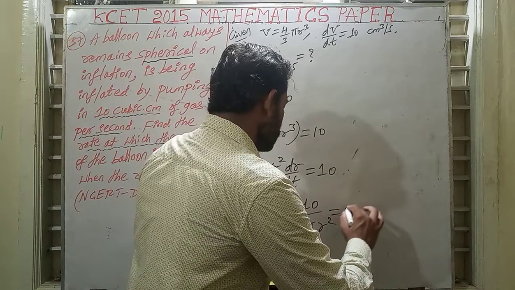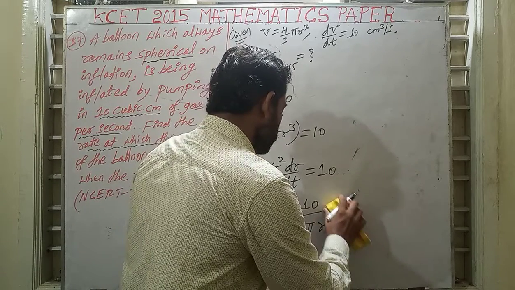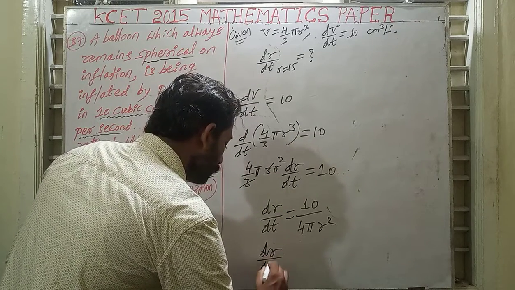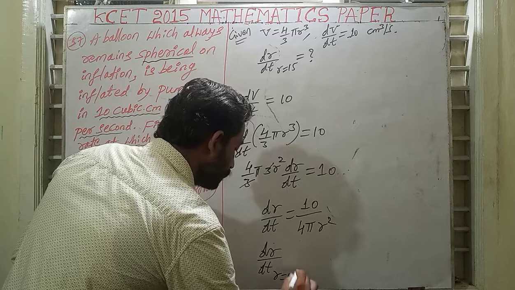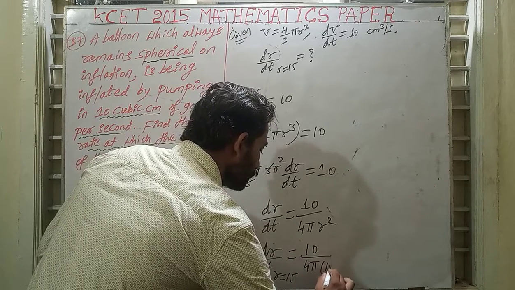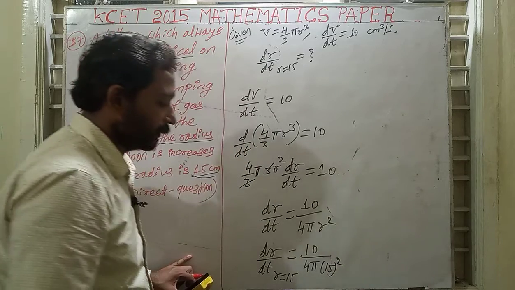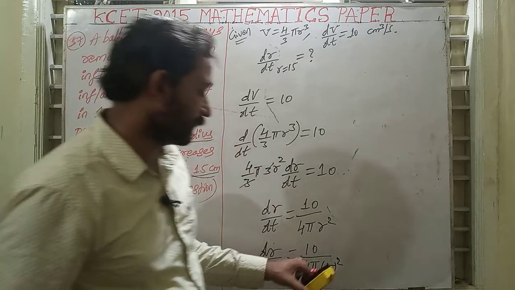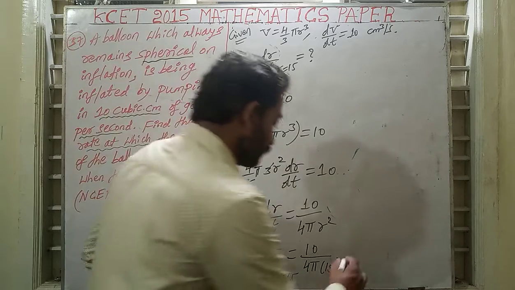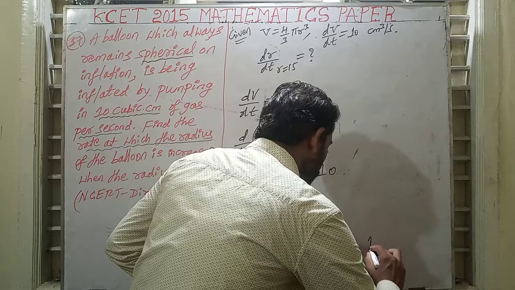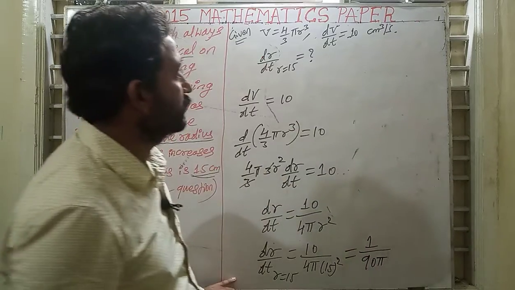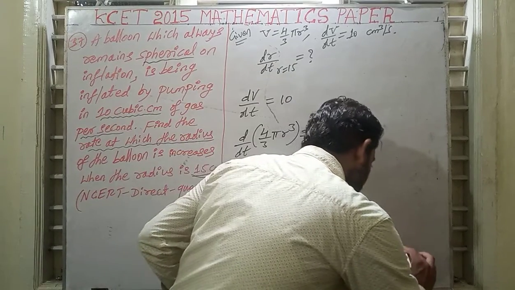So this becomes dr by dt at r equal to 15 is 10 divided by 4 pi 15 squared. 15 squared means 225, times 4 is 900, so 10 divided by 900 is 1 divided by 90 pi. So the answer becomes 1 divided by 90 pi centimeter per second.